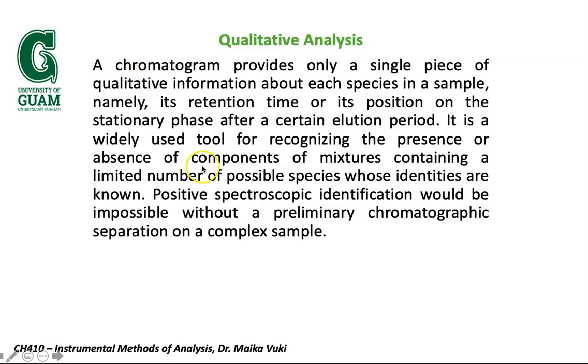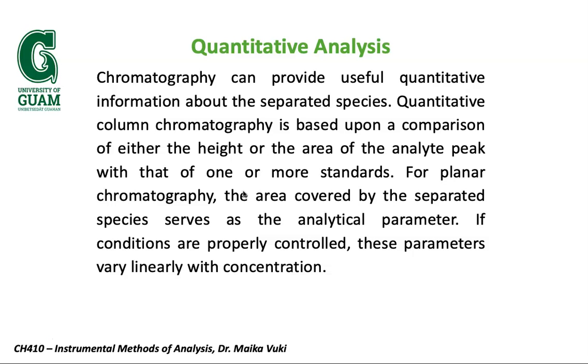In qualitative analysis, the retention time is basically used for identification of the unknown, and that can be confirmed with other positive spectroscopic identification like infrared, or even mass spectra to confirm the identity of the species. In quantitative analysis, what is often used are the peak heights and peak areas.